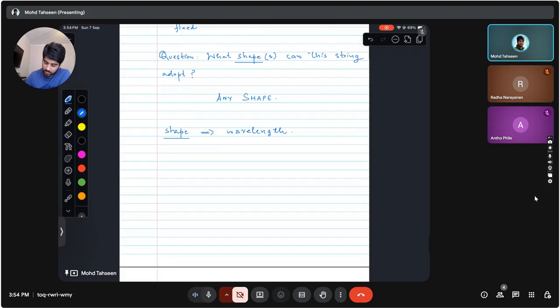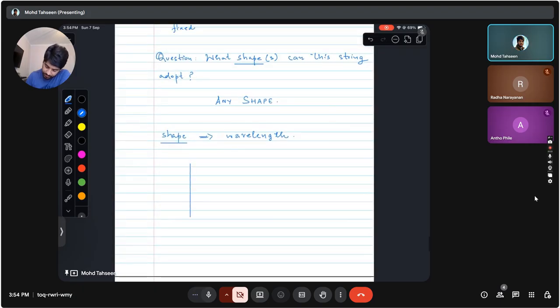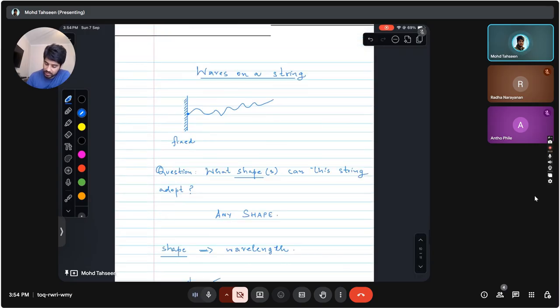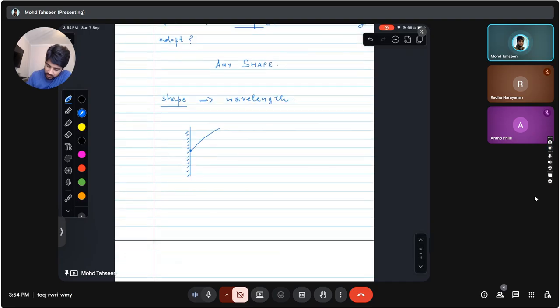So for example, let's take the same example. If we have a string here, we could give it this shape. Let's say this length of string is L. I can arrange this L length string in this way, this way, maybe this way, and this way.